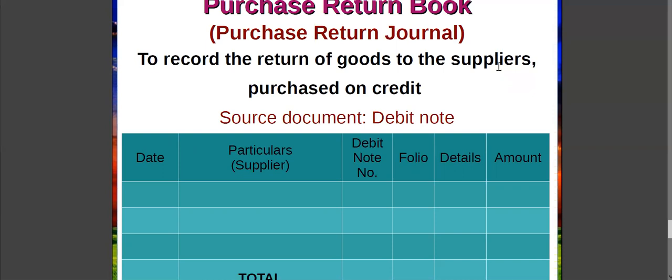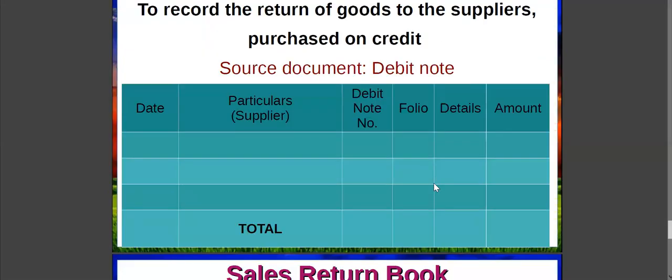Some goods may be damaged, some goods not satisfying in quality or quantity, whatever you are not satisfied with, you have to return it to the supplier. That is called purchase return. So date, particulars, debit note, folio, details, amount. This is called purchase return book.